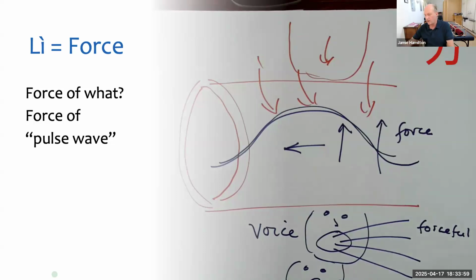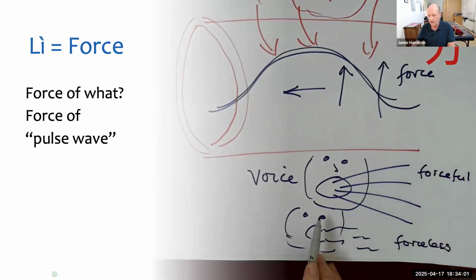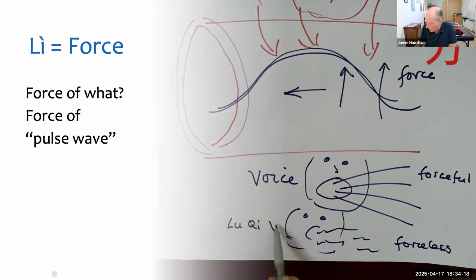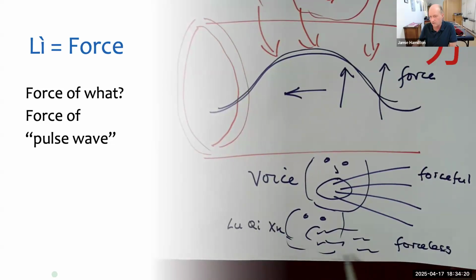And this is a kind of key determinant of how much chi somebody has, whether they have a forceful voice or a forceless voice. So this is like a manifestation of chi. We know that lung chi deficiency has a forceless voice.